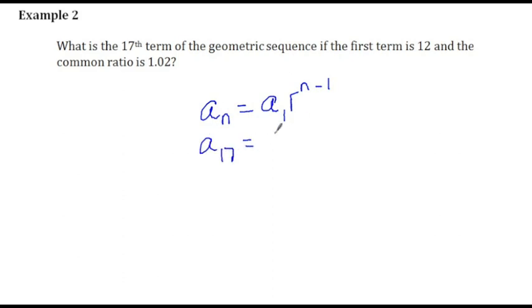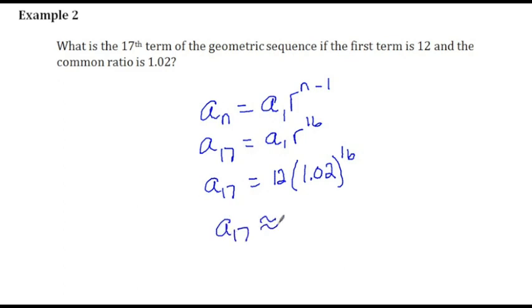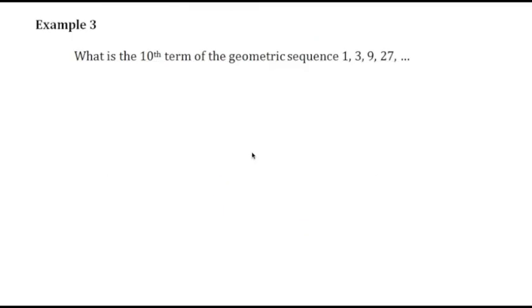Now, if I take that first term, how many r's would it take to jump from 1 to 17? It would take a total of 16 there. So I'm going to say that the 17th term, the first term is 12, my r is 1.02 to the 16th power. Just simply type that into your calculator and you're going to get, let's round that to the nearest hundredths, about 16.47.